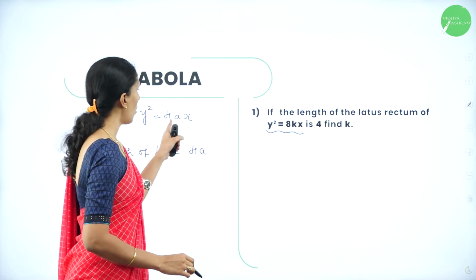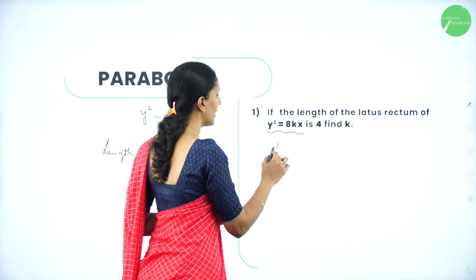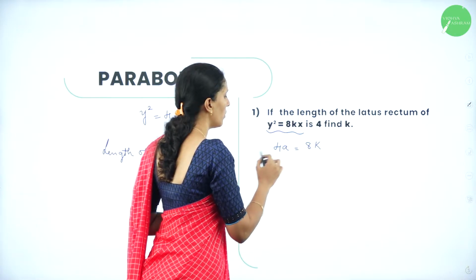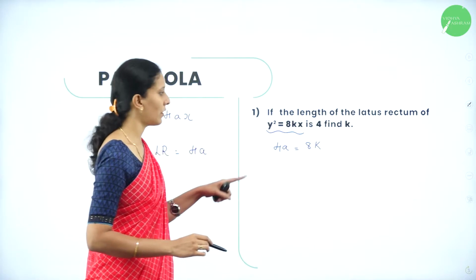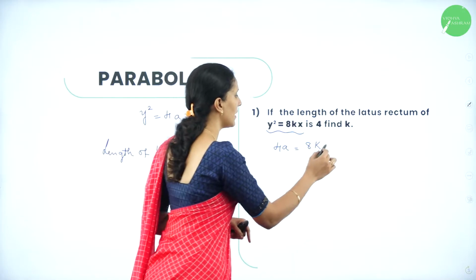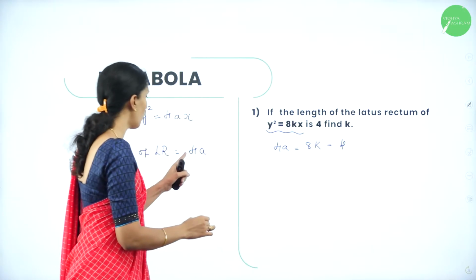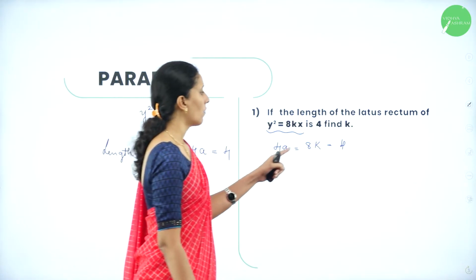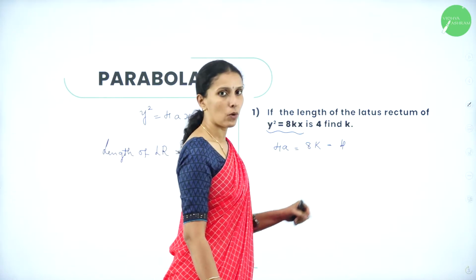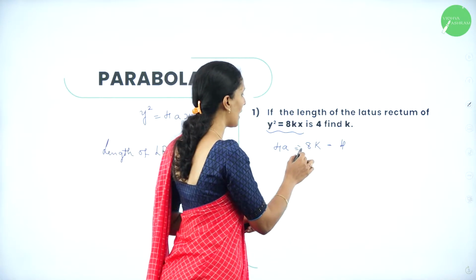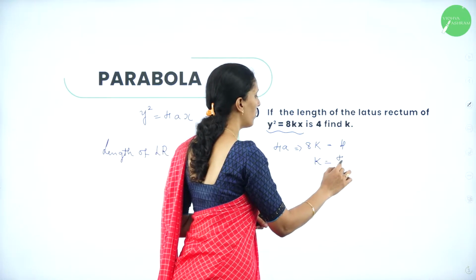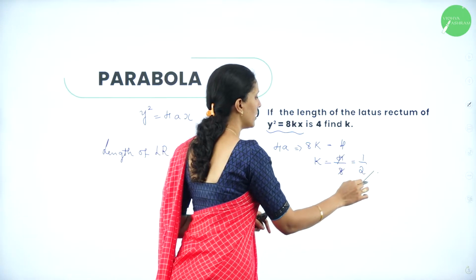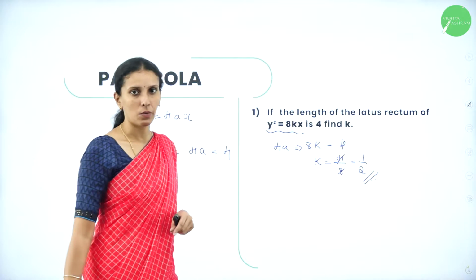So here 4a is equal to 8k. They have given the length of latus rectum 4a is equal to 4. So 8k is equal to 4. This implies k is equal to 4 divided by 8, which is equal to half. So the value of k is half.